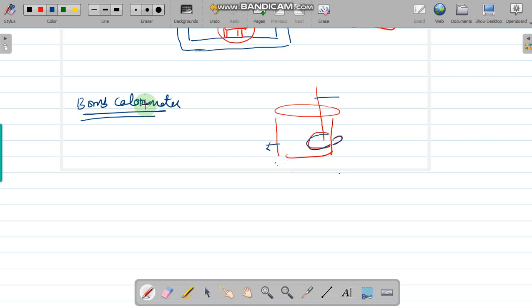This bomb is basically made of heavy steel and it is capable of withstanding the high pressure which develops inside due to the gases produced as a result of combustion. Now, this steel vessel is also lined inside with gold or a platinum alloy, or some other non-oxidizable substances, to check oxidation of the steel during the chemical reactions.